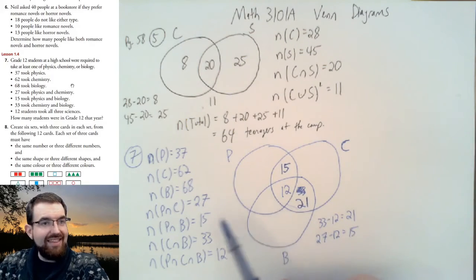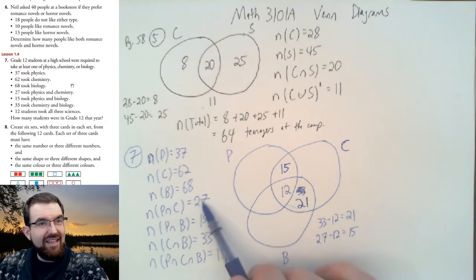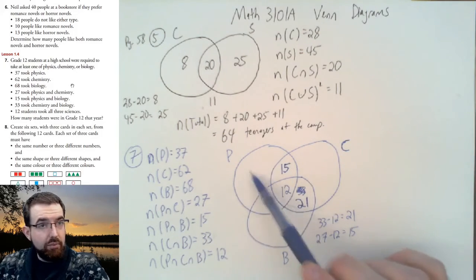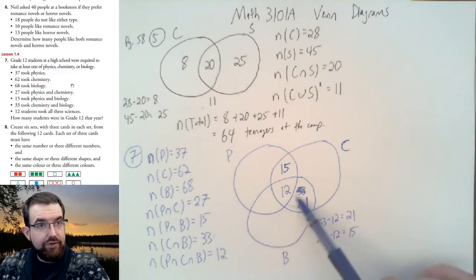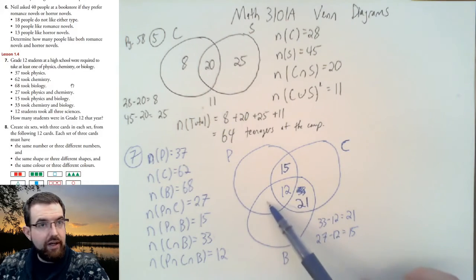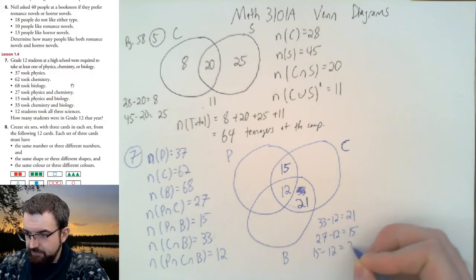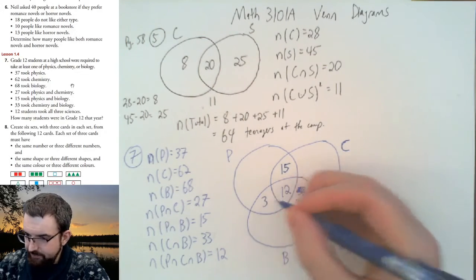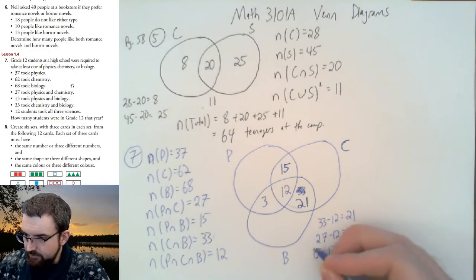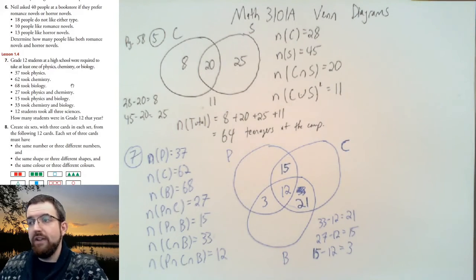Sort of the same way, number of P and C equals 27, number of P and B equals 15. So P and B is this full section over here. So what goes in there? Well, it's going to be 15 minus 12 equals 3. So we're going to put a 3 over there, right?